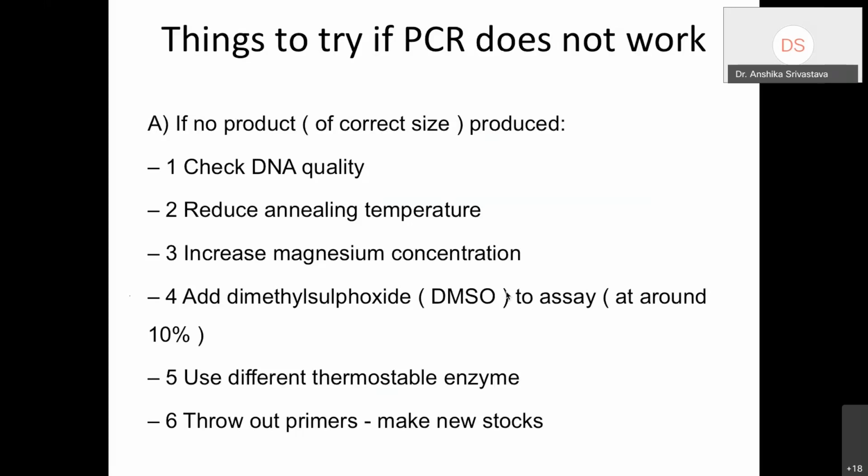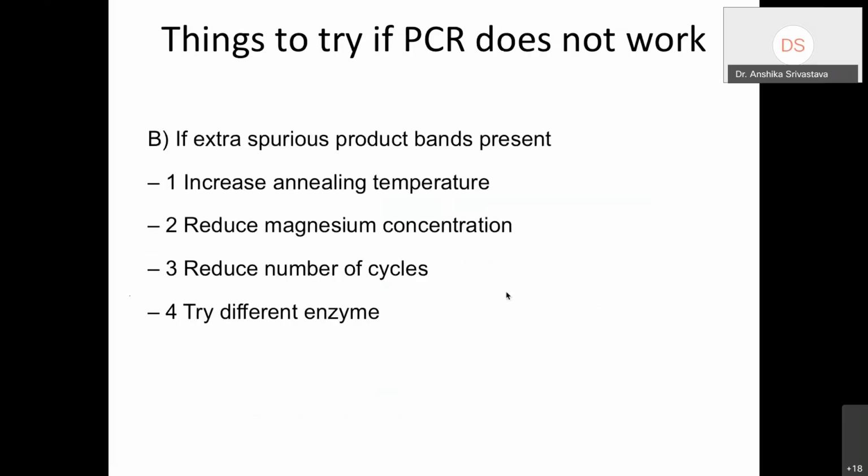For example, if Taq polymerase is not working, you can use fusion Taqs or other high fidelity Taqs for amplifying your region of interest. Or maybe when you were diluting the primers that you ordered, you may have introduced contamination. That's why you're not getting a product of the correct size. So maybe you have to throw out your primers and get a new primer pair.